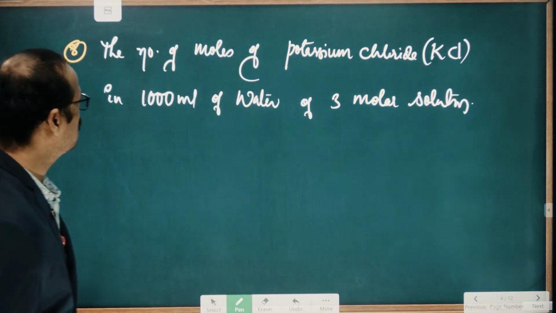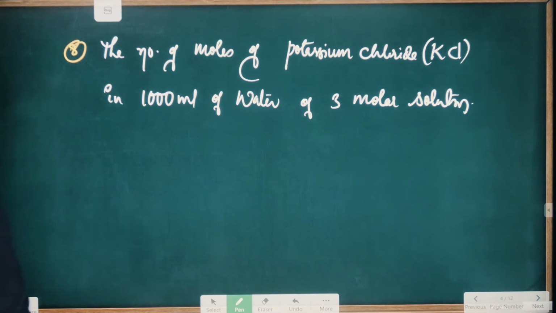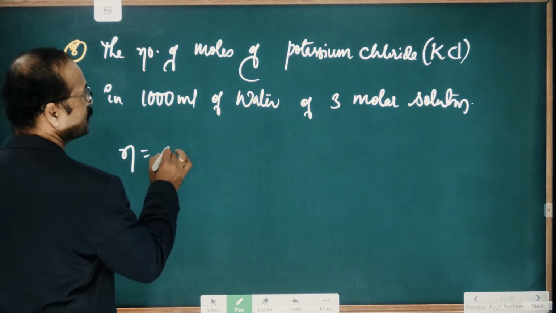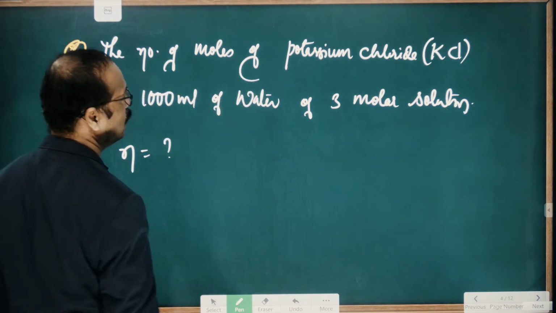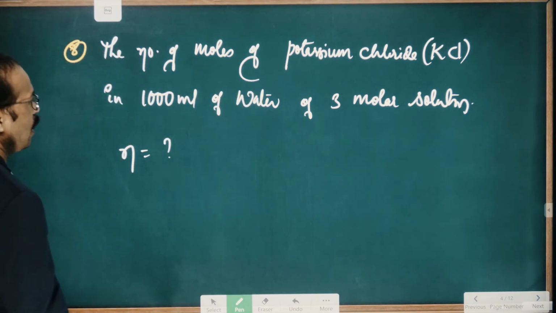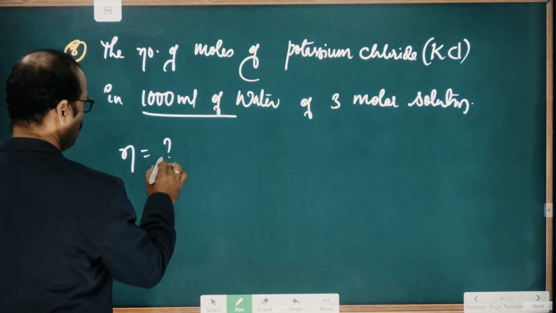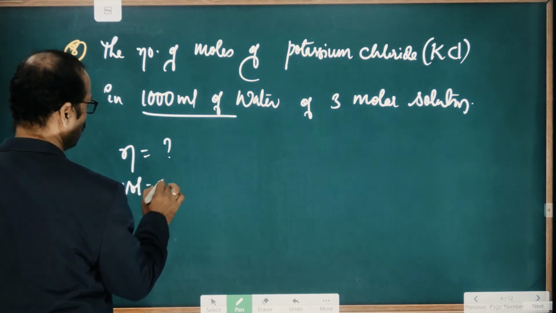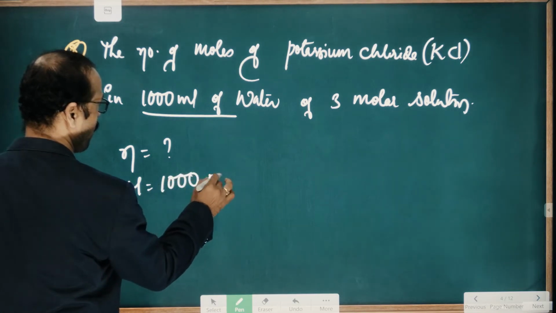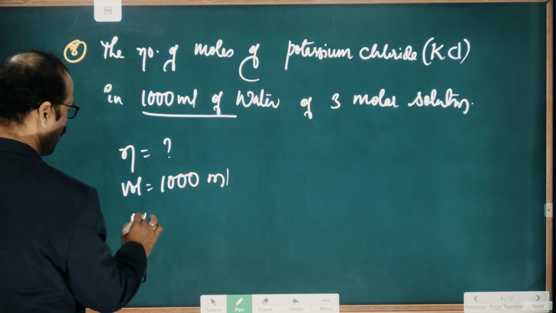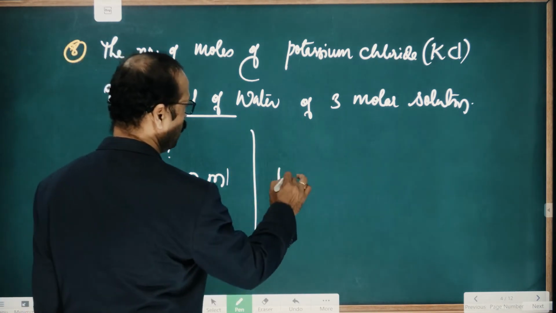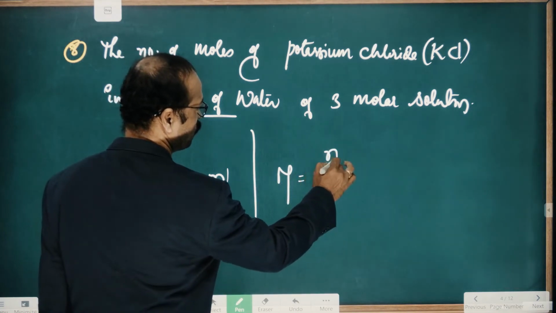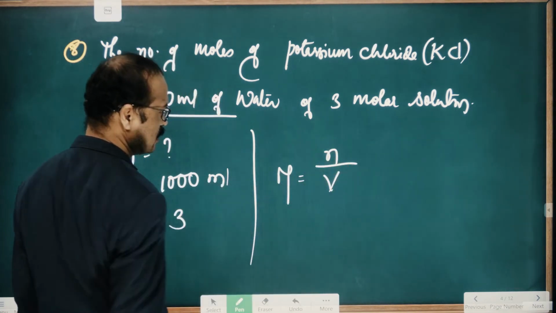So students, here it is very simple. We need to find the number of moles, N. Here volume is given, that is 1000 ml, and molarity is equal to 3. So this is our formula. The formula for molarity is number of moles of solute by volume of solution in liters, right?